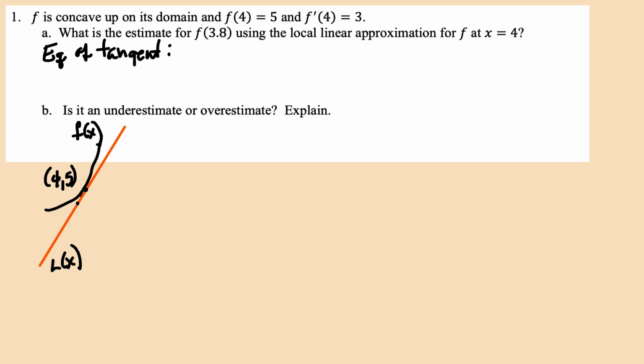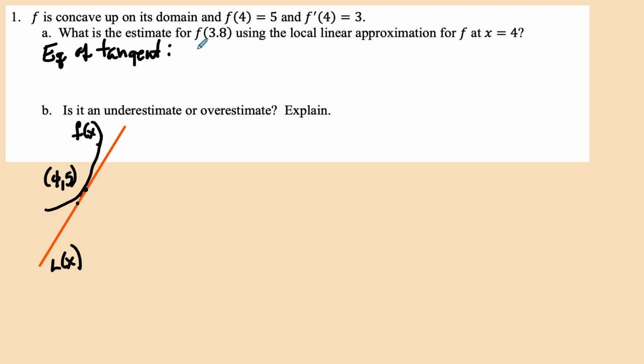All right, let's go ahead and take a look at this curve. The curve is concave up. I've drawn it concave up. We know that the x value is 4, the y value is 5, and we know the slope of the tangent line right here is 3. We would like to use the line to estimate the value of the function at 3.8.